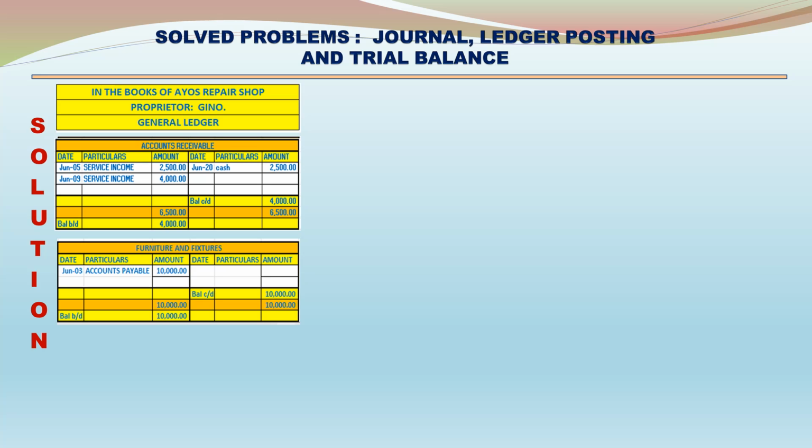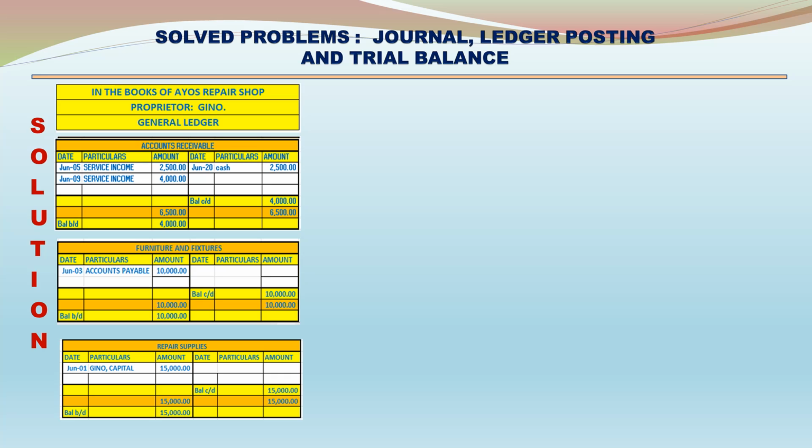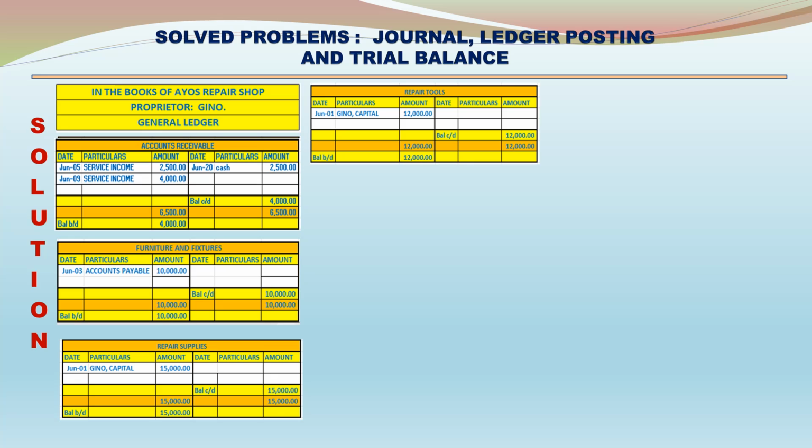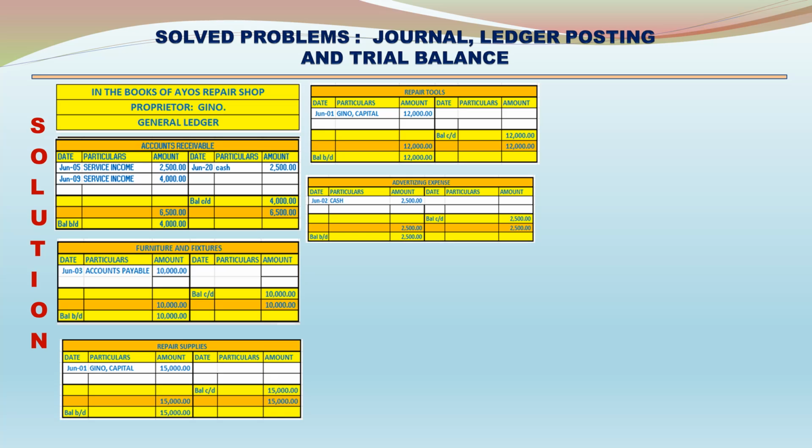Balance brought down 10,000 debit. Repair Supplies: June 1 Gino Capital 15,000. Balance brought down 15,000 debit. Repair Tools: June 1 Gino Capital 12,000. Balance brought down 12,000 debit. Advertising Expense: June 2 Cash 2,500. Balance brought down 2,500 debit.